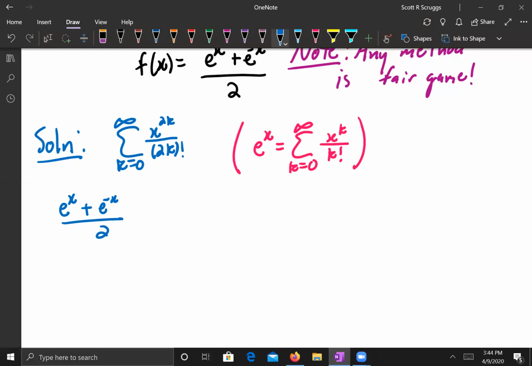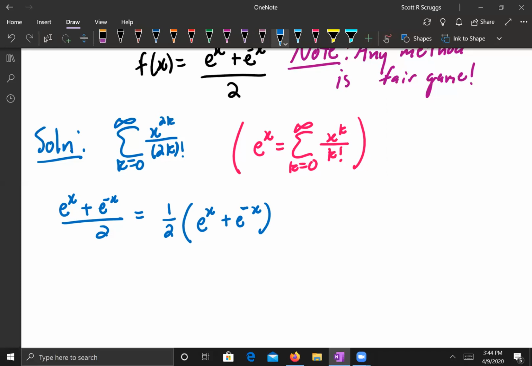All right, and with that, since I have a 2 in my denominator, the first thing I'm going to do is move that 1/2 to the front and only deal with the e to the x and the e to the negative x.